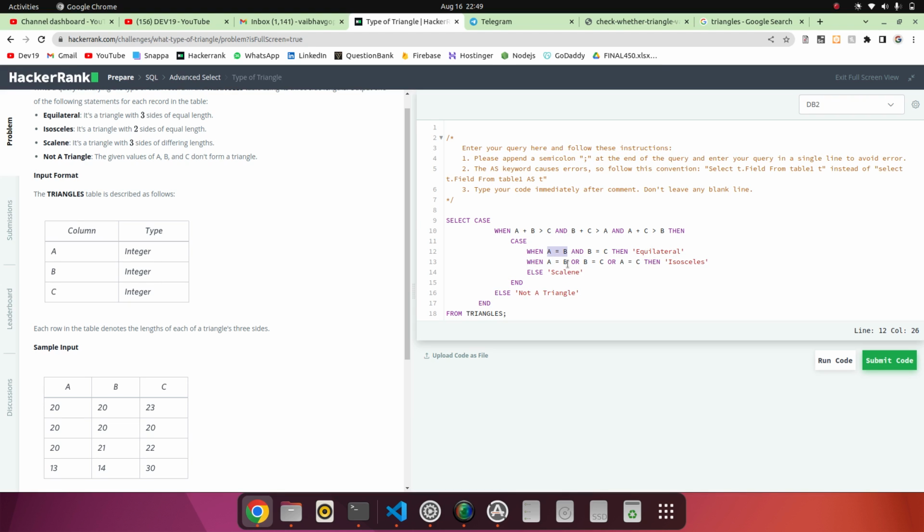When any two sides are of equal length, we check all three conditions: a equals b, b equals c, or a equals c, then isosceles triangle. Otherwise it will be scalene, because all three sides will be of different length.